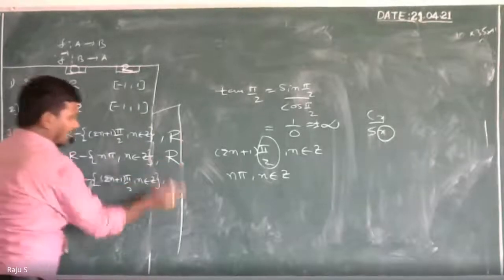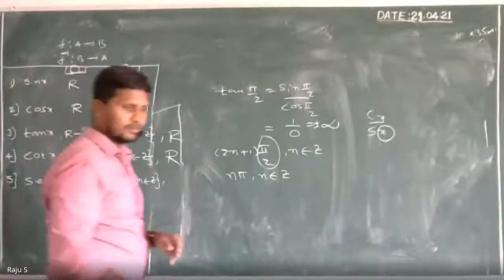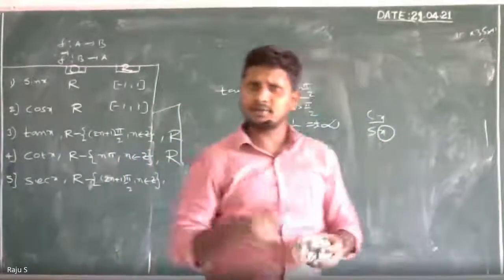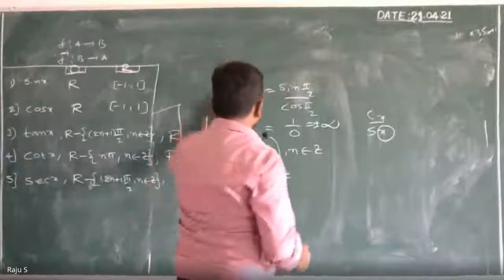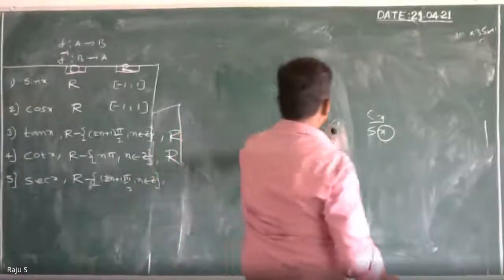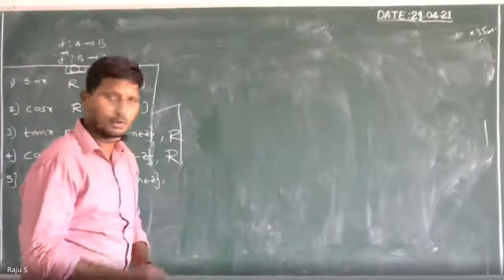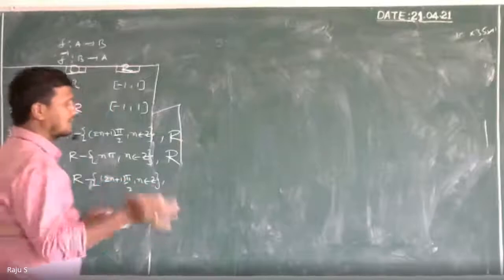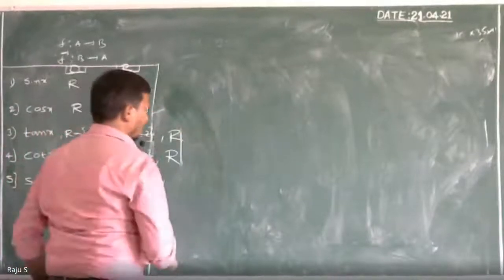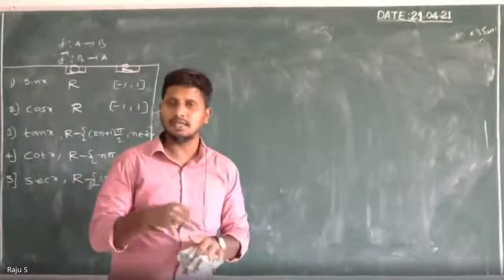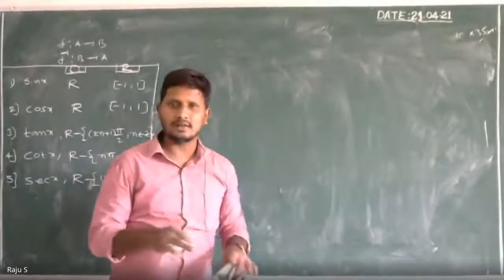So what about the output? Can anyone say what the output is? Does secant lie between 1 and minus 1? Is there any value lesser than 1? No. Is there any value more than minus 1? No. So it is other than minus 1 to 1, because from minus 1 to 1 secant x and cosecant x do not exist.